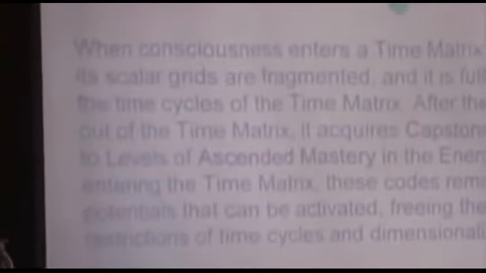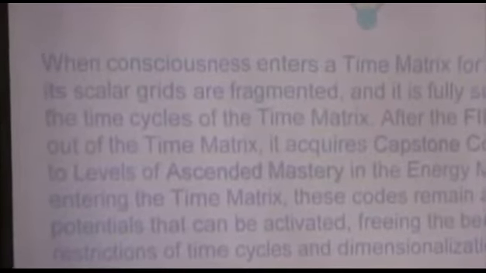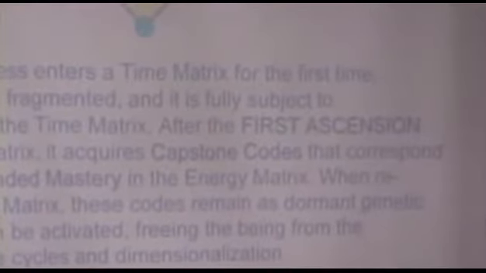After the first ascension out of the time matrix, it acquires these capstone codes. They connect to the vortices that bring energy from the ascended levels of mastery into the time matrix. And on re-entering the time matrix, that being has those codes that remain in its template that can be activated.